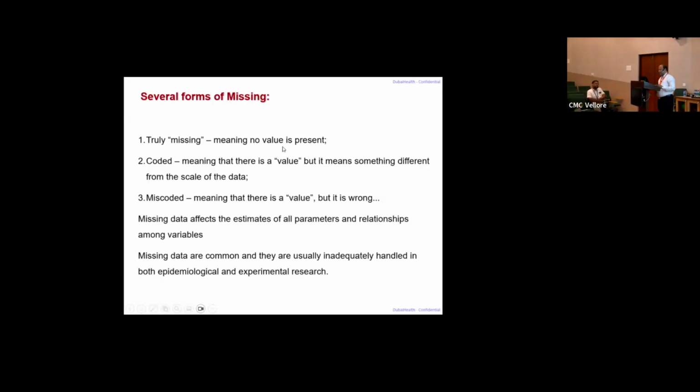This is where no value is present, you don't get that information. This is miscoded. There's another area of missing data.